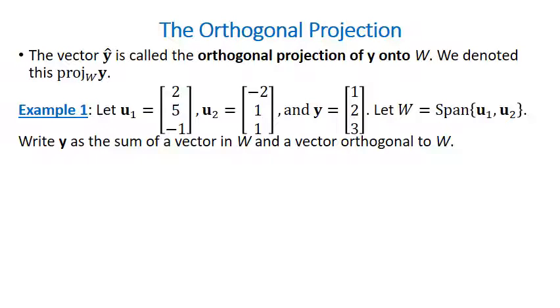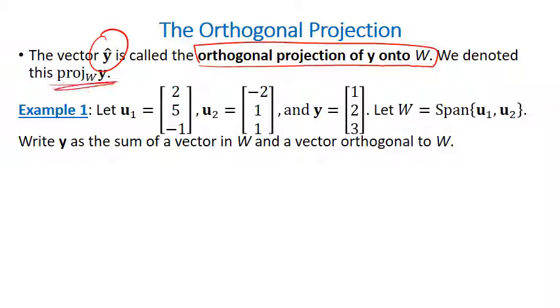Recall that the vector y hat is called the orthogonal projection of y onto W and is sometimes denoted in this way.